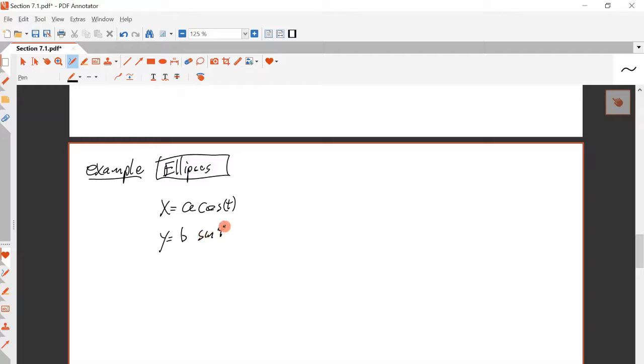Okay, here's some other standard examples. The ellipse. The ellipse has the following form. x is equal to a cosine t, y is equal to b sine t, and you can say 0 less than or equal to t less than or equal to 2 pi, and you'll notice that x squared over a squared plus y squared over b squared equals 1.